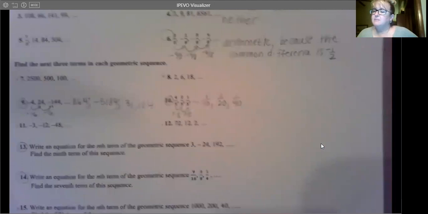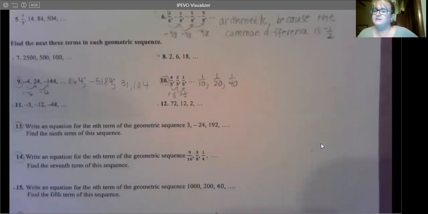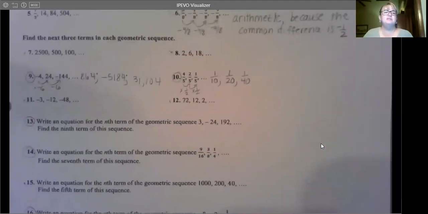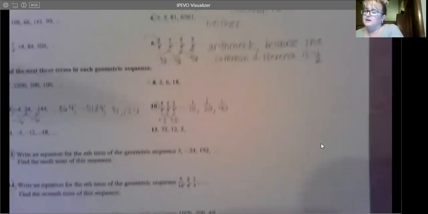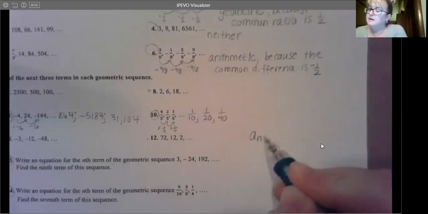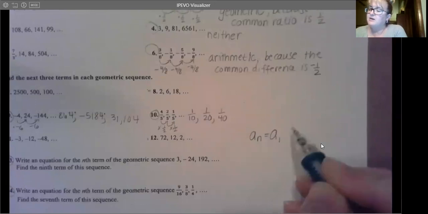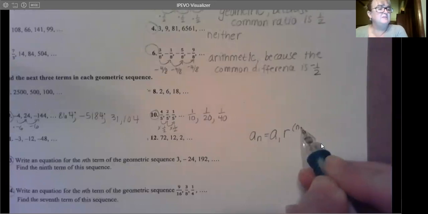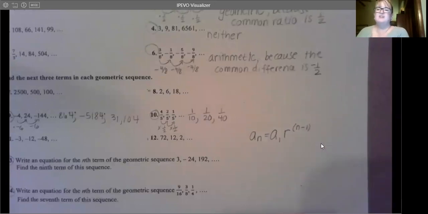All right, from number 13 on, it asks you to write an equation for the nth term of the geometric sequence. And again, we are going to use that formula. I'm going to write it up here just to help me remember. a sub n equals a sub 1 times the ratio to the n minus 1 power.